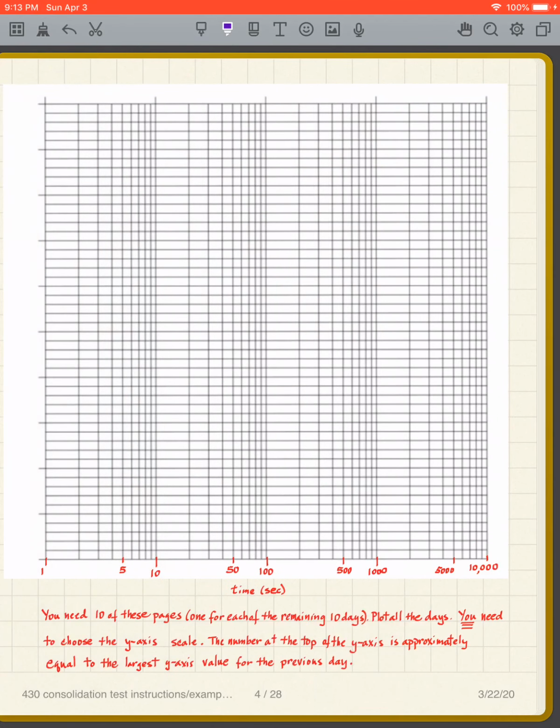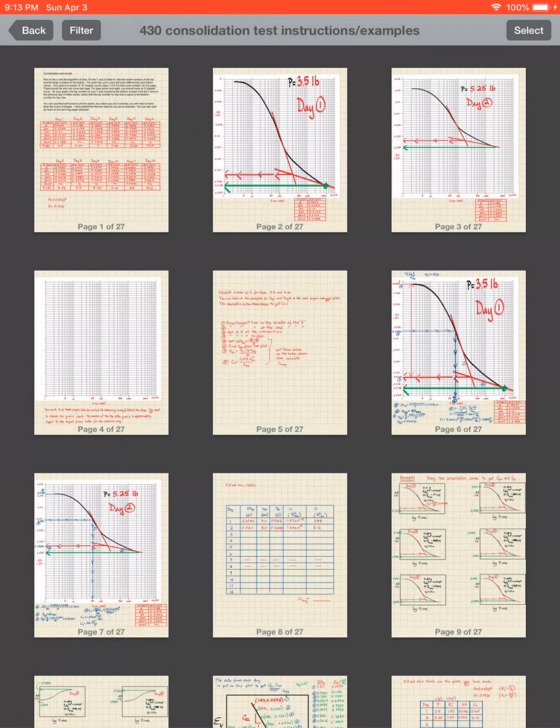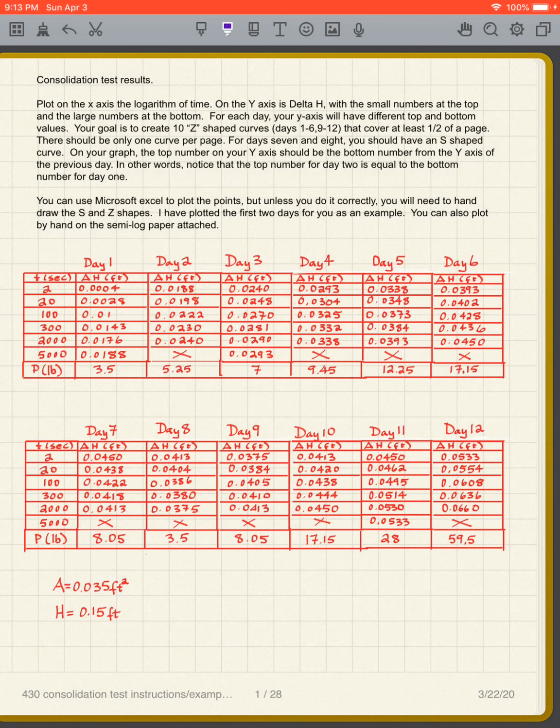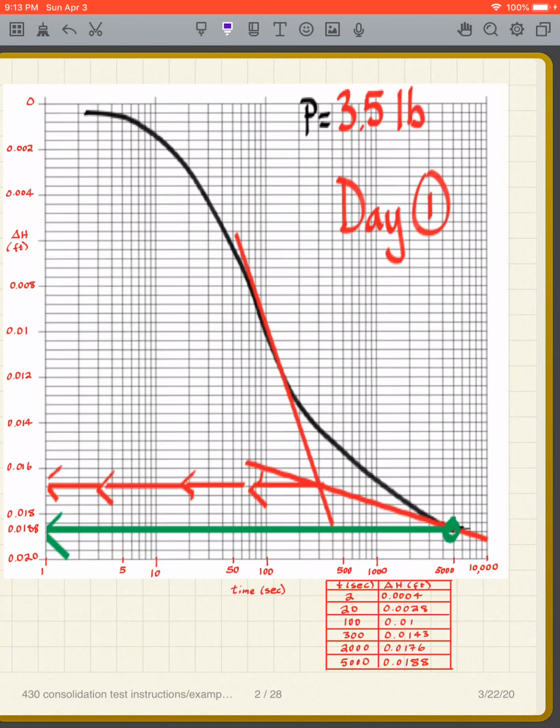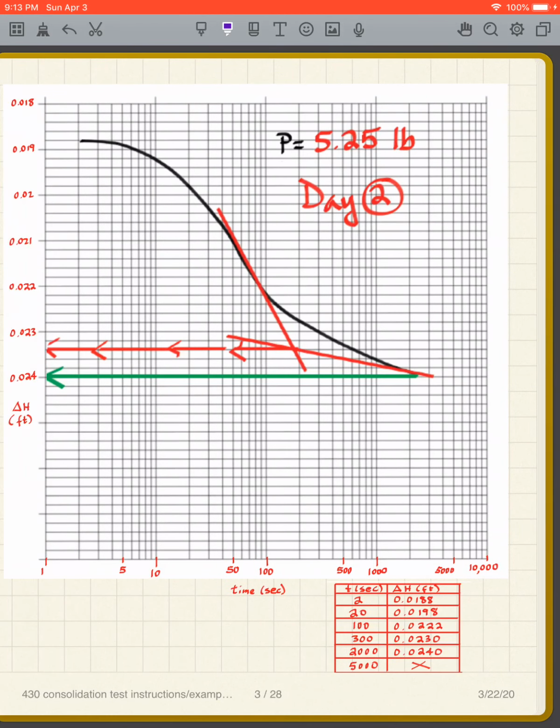Then what we're going to do is, first of all, you have to plot the data. So let's go back a little bit. Here's the data. I've only plotted for you day 1 and day 2.